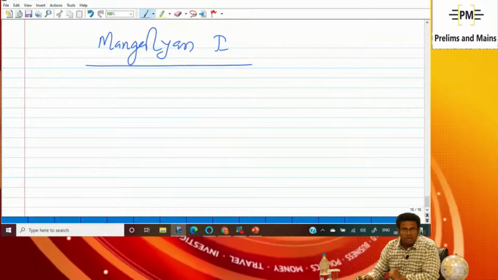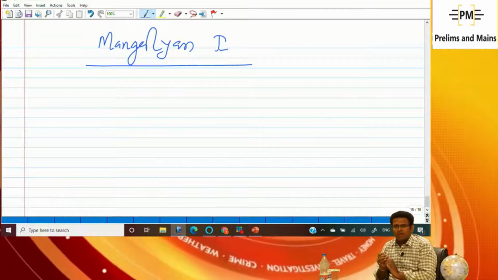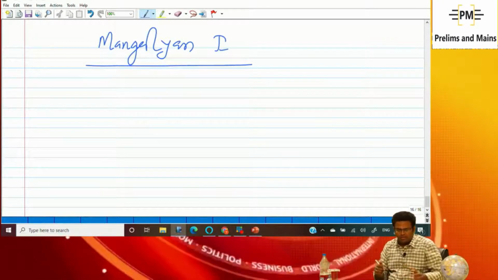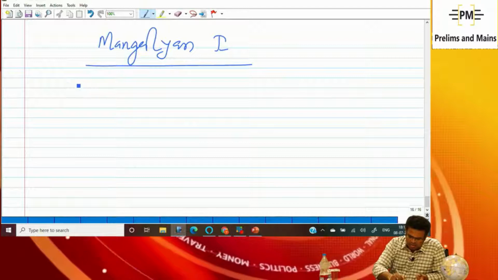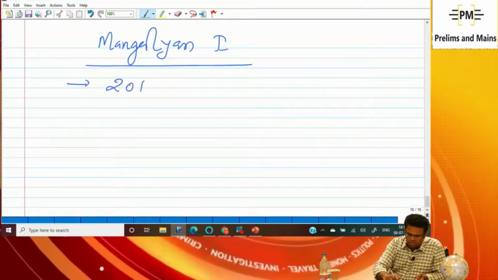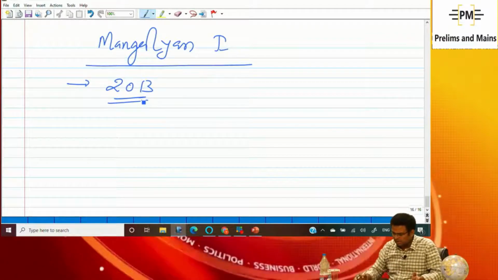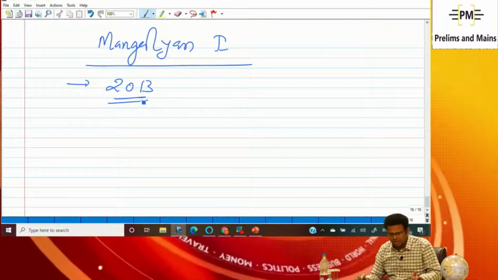So Mangalyaan 1, and perhaps if we understood Chandrayaan 2, Mangalyaan is similar. Mangalyaan 1 was sent in 2013. Let me show you.